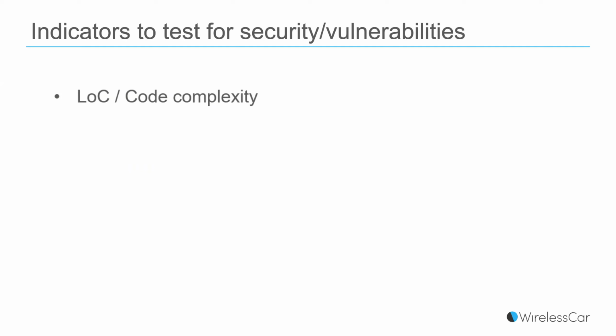Complexity is one of those places. A complex code base is an indicator that you have unintended behavior because it's harder to understand. Test coverage: if you have more test coverage, you're more likely to know the intent of the application.